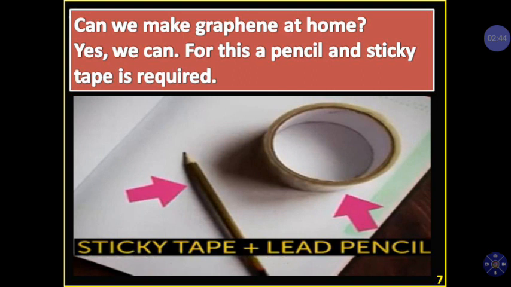You can make graphene at home. To make graphene at home, you need a lead pencil and a sticky tape. By using a lead pencil and sticky tape, we can separate graphene from graphite because lead pencil contains graphite.